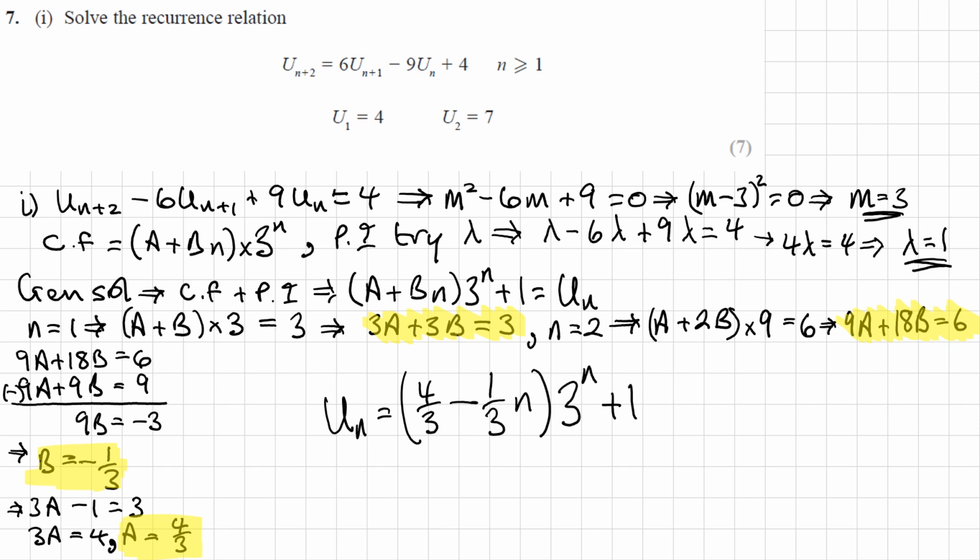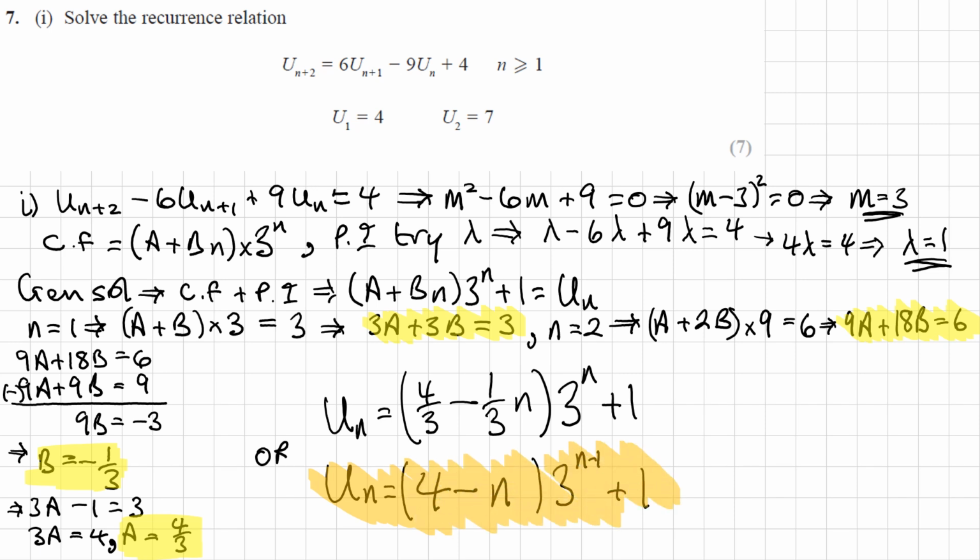Now I could leave my answer like that, or what I could do is take one of these 3's out from here, so then that becomes 3 to the power n minus 1, and use that 3 to multiply these, and then I'll get 4 minus n. So either one of those would be our solution for the recurrence relation, our closed form.